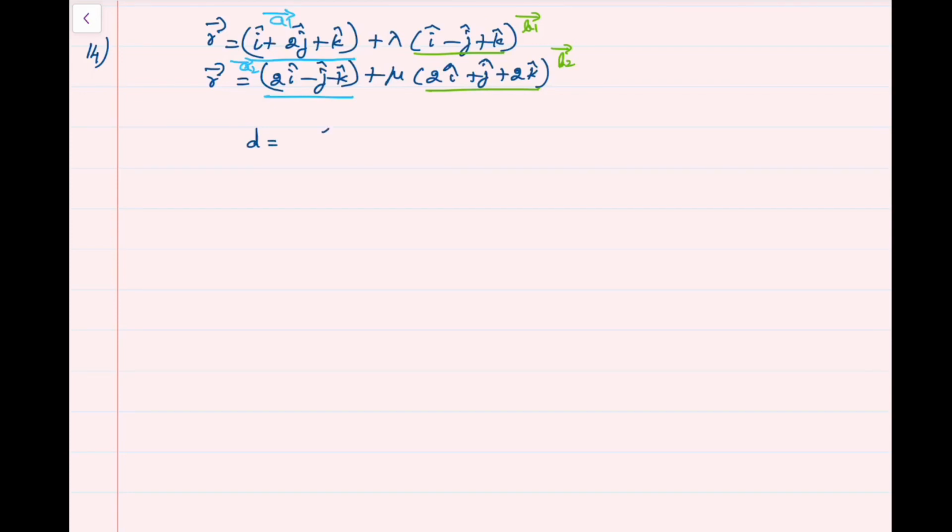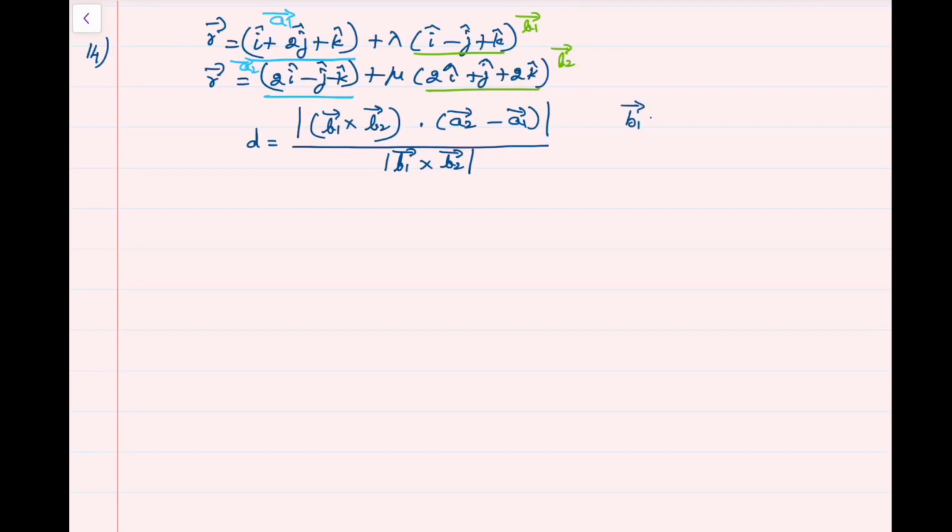The shortest distance formula is the absolute value of vector b1 cross vector b2 dot vector a2 minus vector a1, because distance has to be a positive quantity, divided by magnitude of vector b1 cross vector b2. Let us find vector b1 cross vector b2, which can be written as a determinant: i, j, k, the components of vector b1, 1, minus 1, 1, and then components of b2 vector 2, 1, 2.